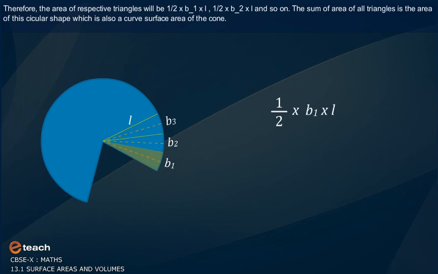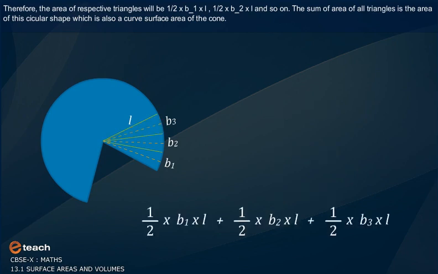Therefore, the areas of the respective triangles will be 1 by 2 into B1 into L, 1 by 2 into B2 into L and so on. The sum of the areas of all triangles is the area of this circular shape, which is also the curved surface area of the cone.